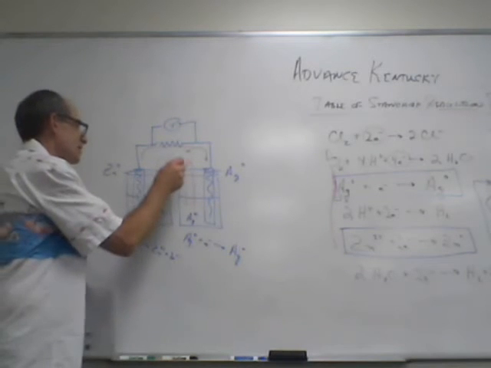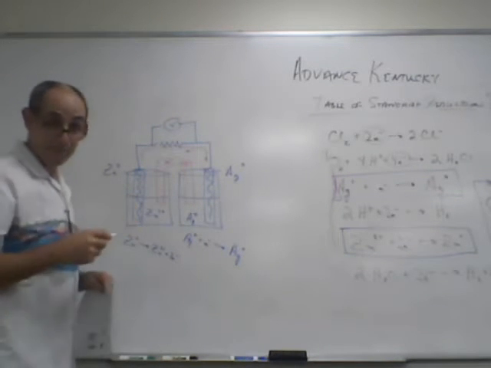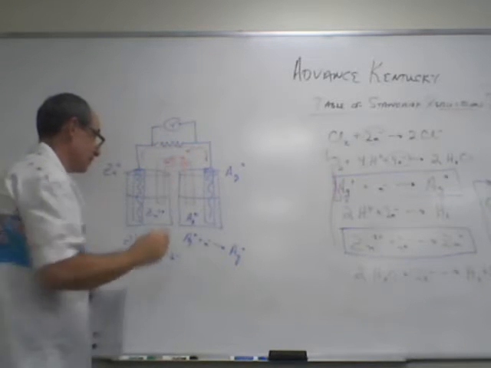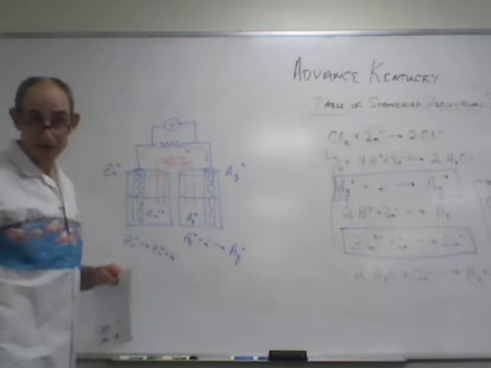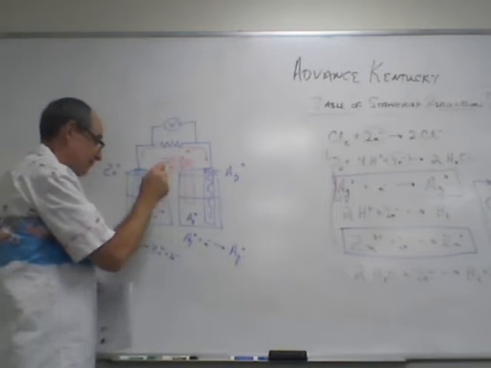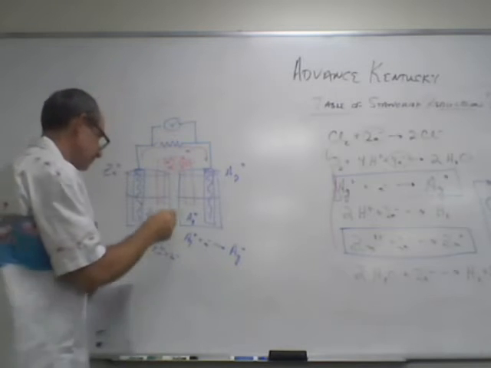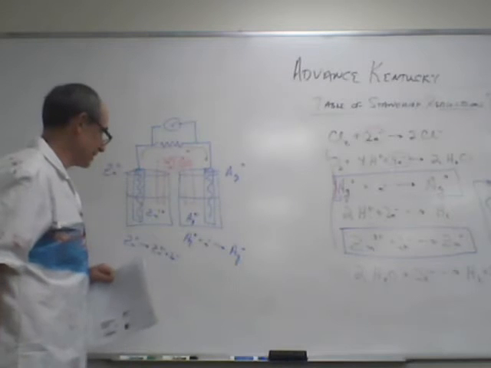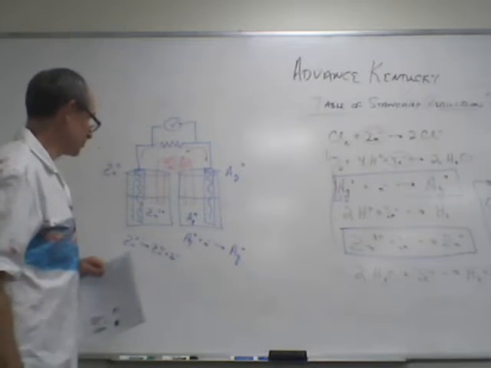These ions in the aqueous solution will be able to migrate to neutralize a charge. So sodium ions, or whatever positive ion is present, would flow in the same direction as the electrons, and the negative ions would flow in the opposite direction. We would see these ions flowing through the salt bridge to maintain charge neutrality.